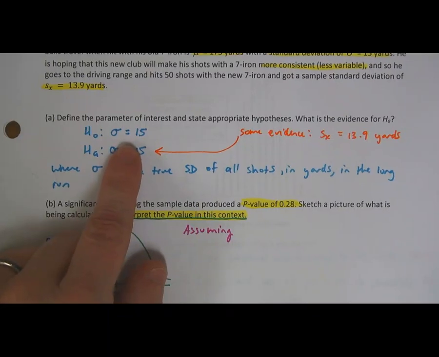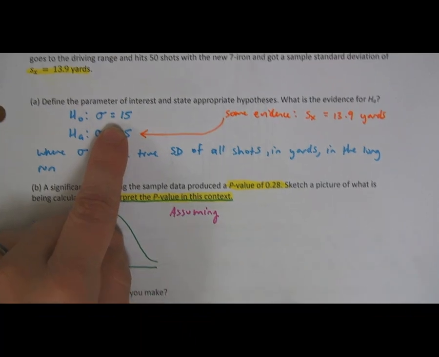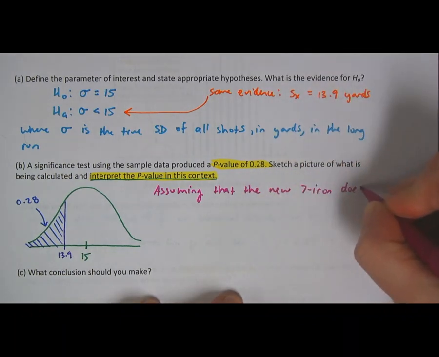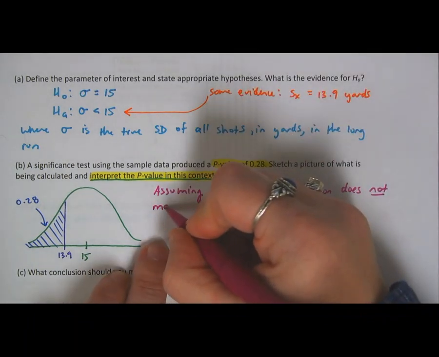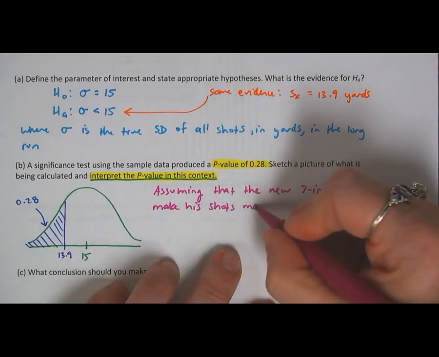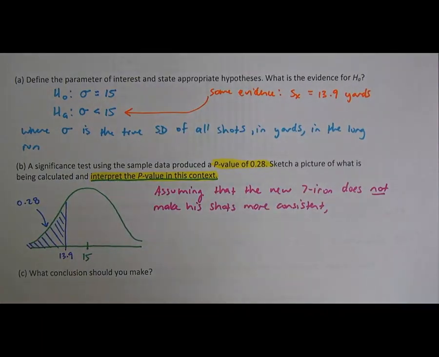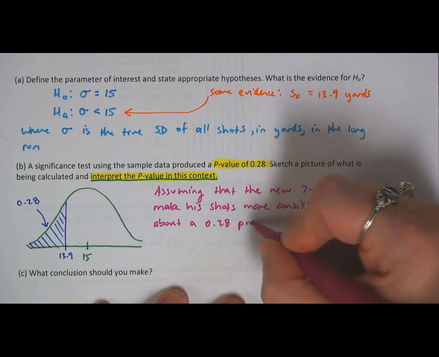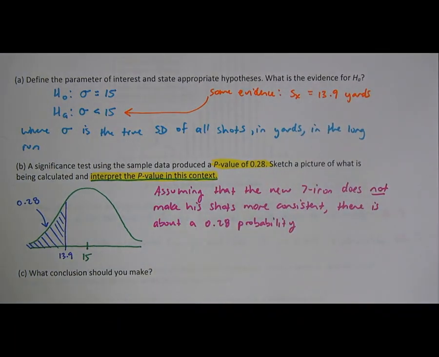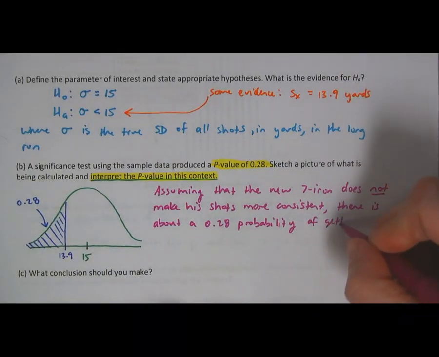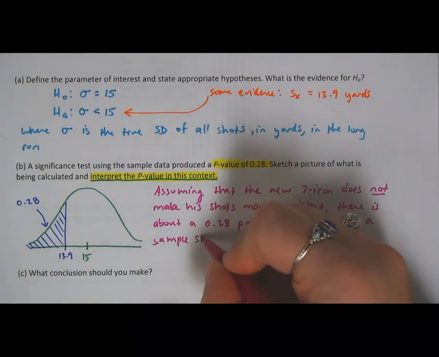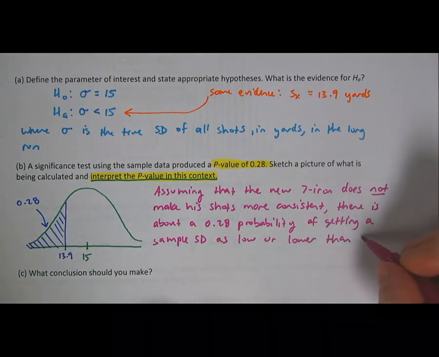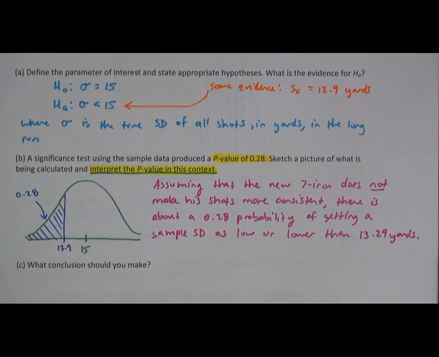Assuming that the new 7-iron does not make his shots more consistent, there is about a 0.28 probability of getting a sample standard deviation as low or lower than 13.9 yards. So take a second and kind of stare at that.